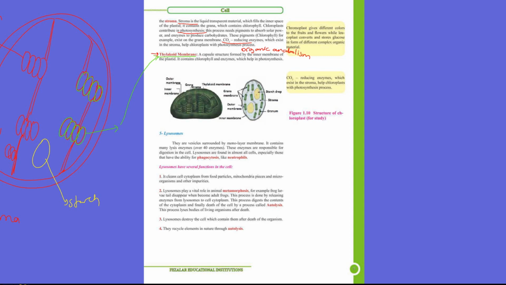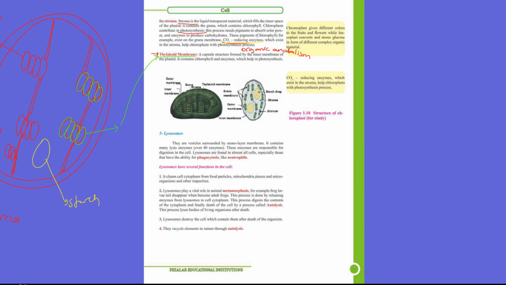Mitochondria contain respiratory enzymes to carry out cellular respiration. Chloroplasts contain CO2 reducing enzymes to perform their function, CO2 reduction or photosynthesis. Mitochondria are present in plant and animal cells, while chloroplasts are found only in plant cells.